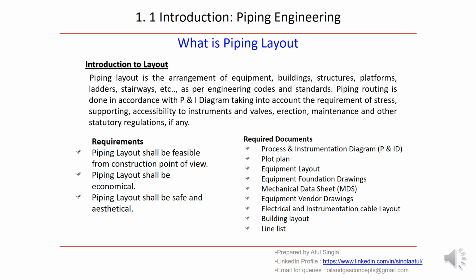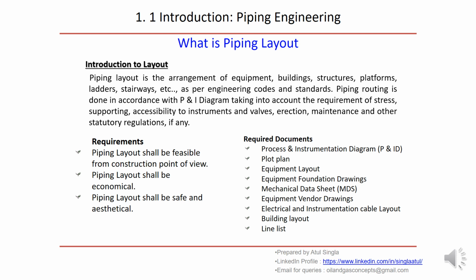In any refinery, we have to procure so many things like pipe fittings, equipment, structural requirements. So at every point we have to take care of economic issues. We have to be very economical. And piping layout should be safe. Safety is the first requirement, and it should be aesthetic. It should look good also.